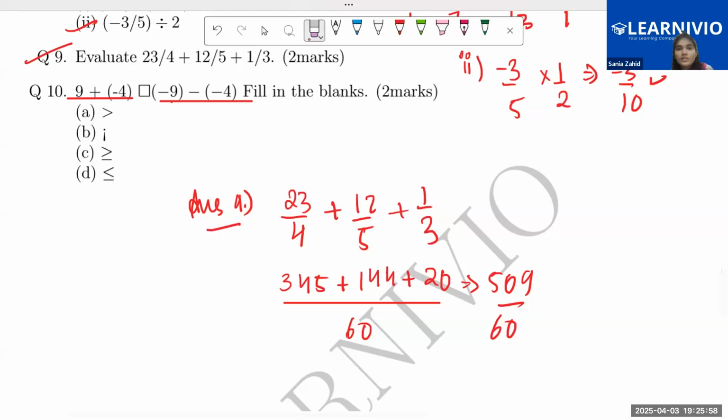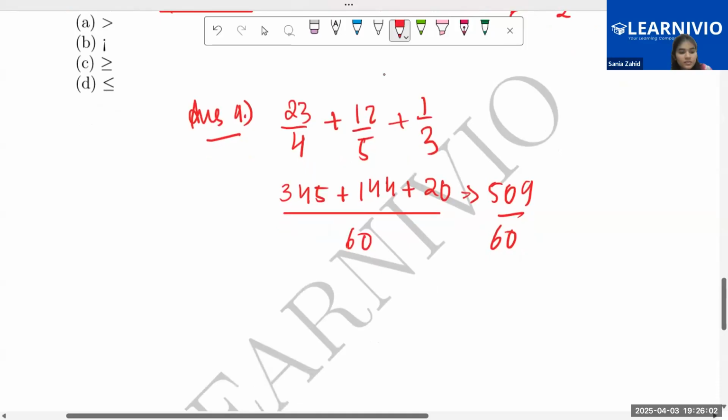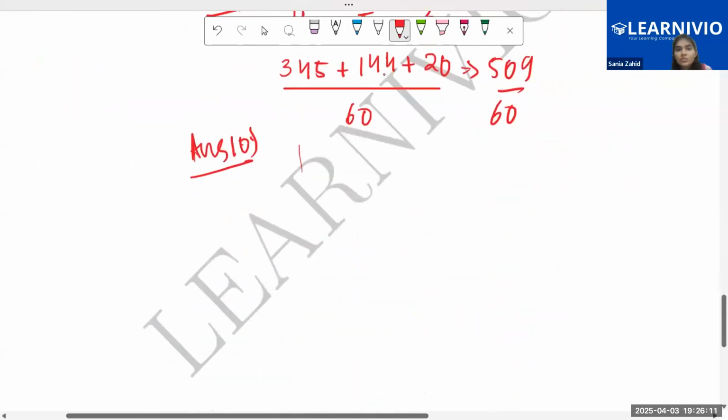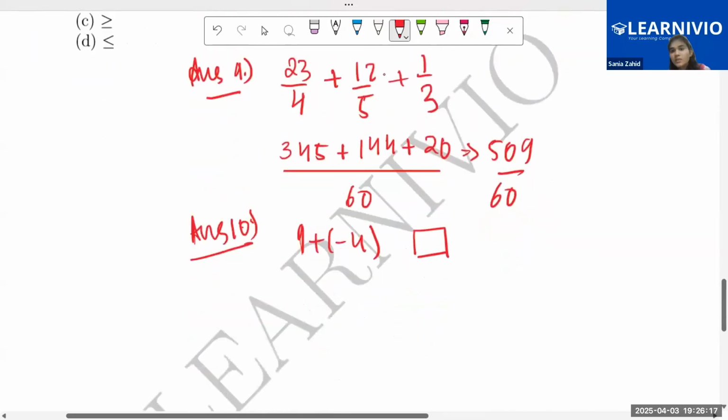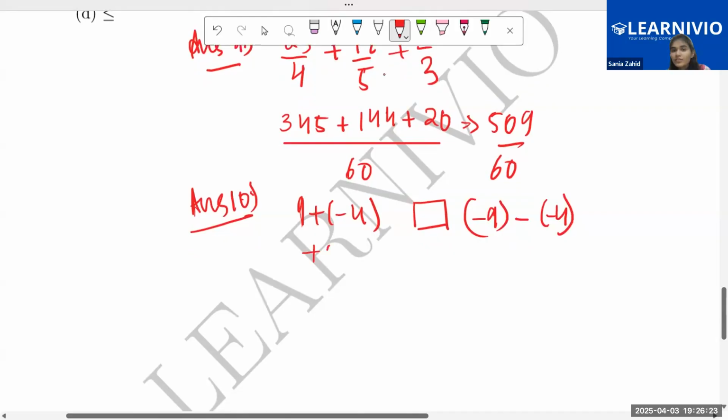Okay, so what does the question say? It's 9 plus minus 4, and you have to compare with minus 9 minus 4. So 9 plus minus 4 is plus 5 and minus 9 minus 4 gives you minus 5.